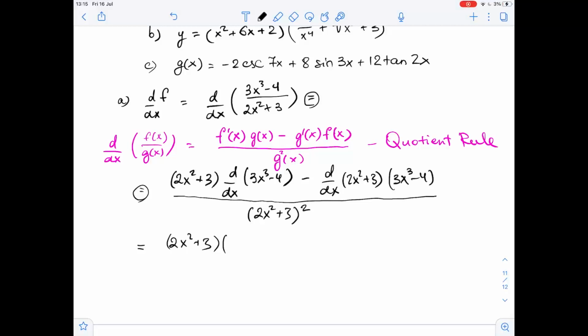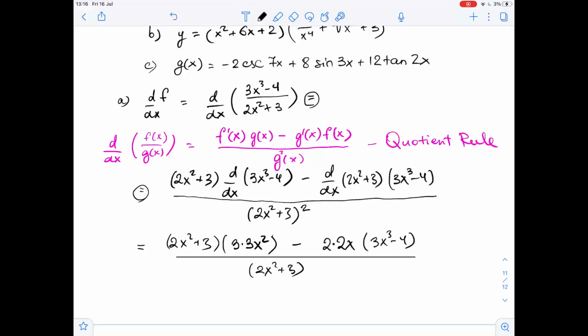So here we get 3 times 3x squared, minus, here the derivative of 2x squared plus 3 is 2 times 2x, multiplied by 3x cubed minus 4, and this whole thing is divided by 2x squared plus 3 squared.